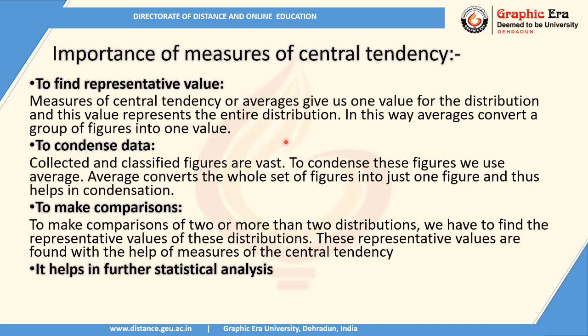Say we have a data of heights of some students. Suppose 160 centimeter, 162 centimeter, 165 centimeter, 180 centimeter, 172 centimeter, 175 centimeter, and so on. And we can say the average height of these students is around 169 centimeter.